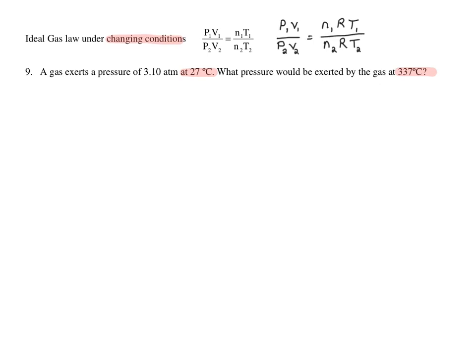Then we show one equation divided by the other equation. And finally, R is a gas constant, so it simply cancels out. So this is the equation that we're going to use when it comes to dealing with ideal gas law under changing conditions.